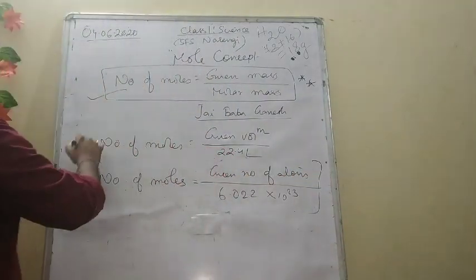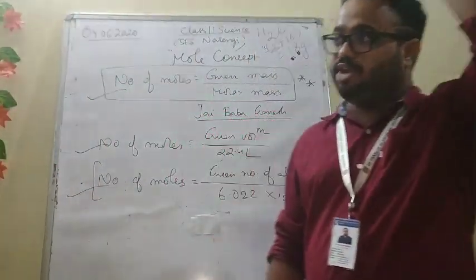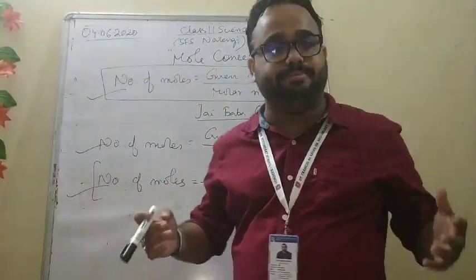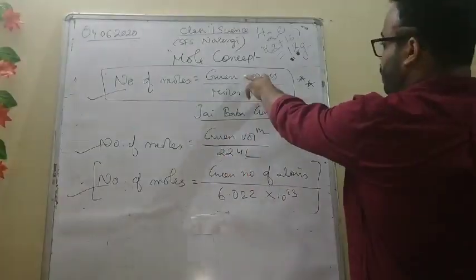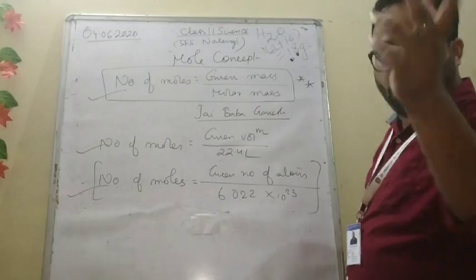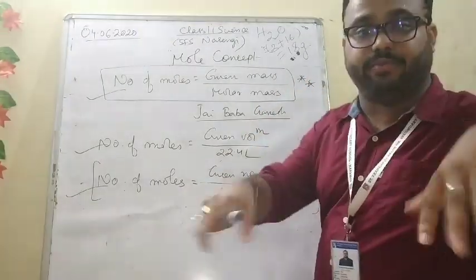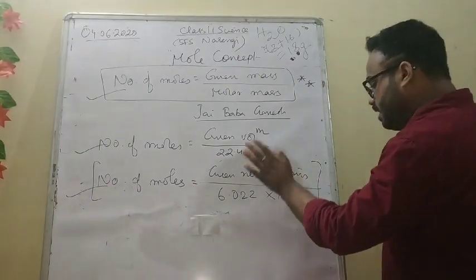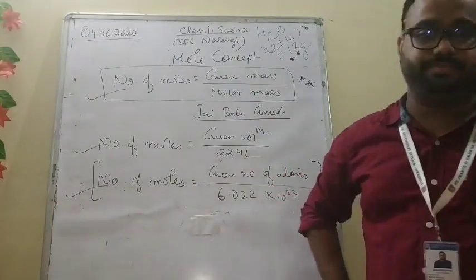So these are the three formulas of number of moles. If in the question mass is given, then given mass by molar mass. If volume is given, then given volume by 22.4. And if number of atoms is given, then given number of atoms by Avogadro number. You can find out the number of moles.